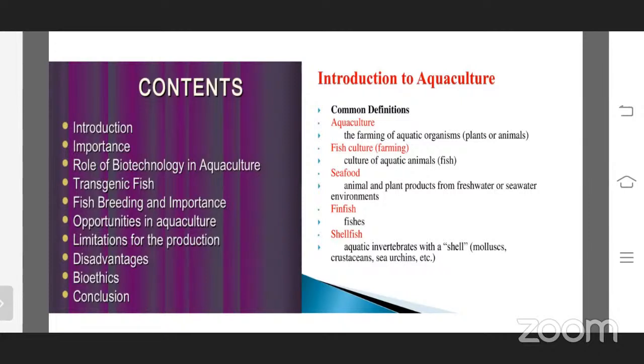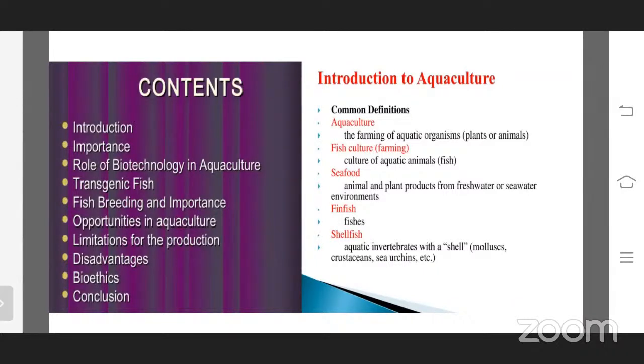So sometimes we take up culture for the production of animals based on their economic value. Another word is seafood. Seafoods come from the culture of sea animals or seaweeds.